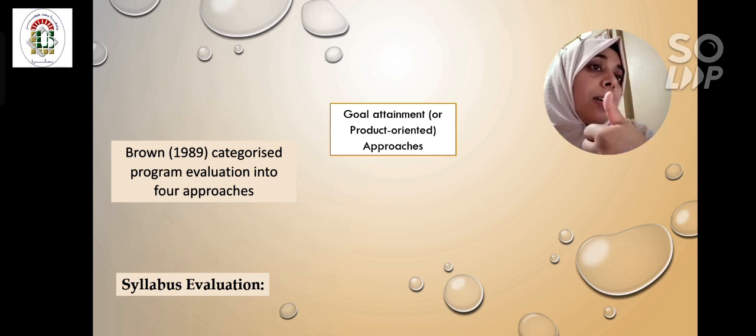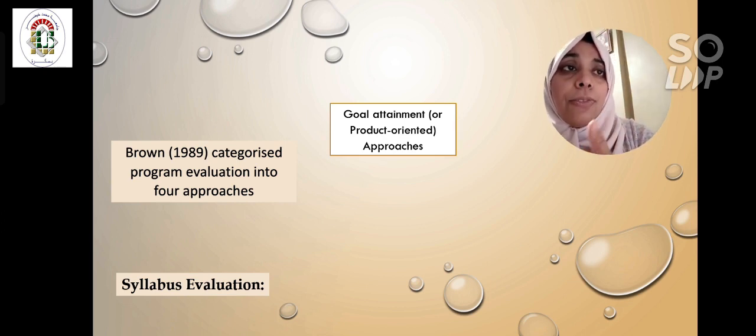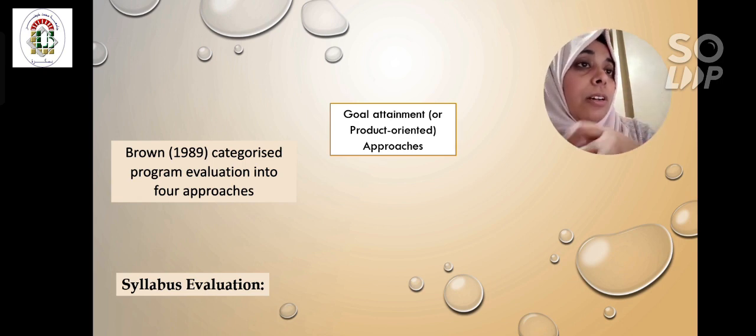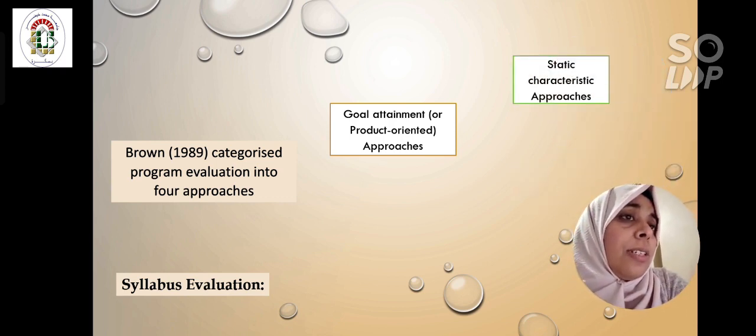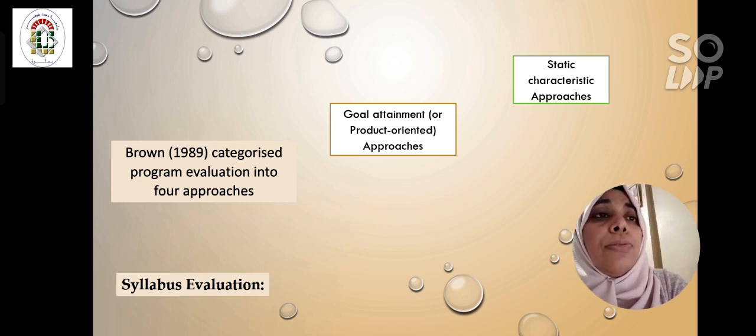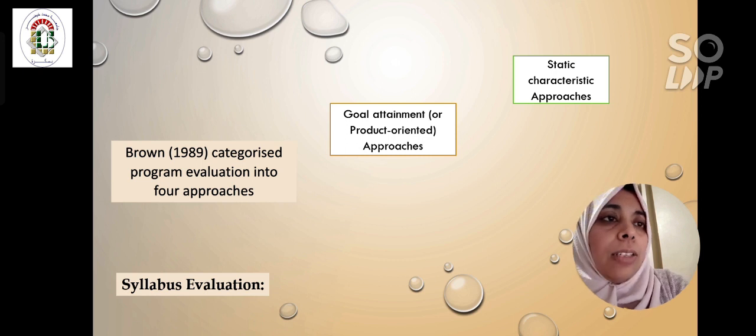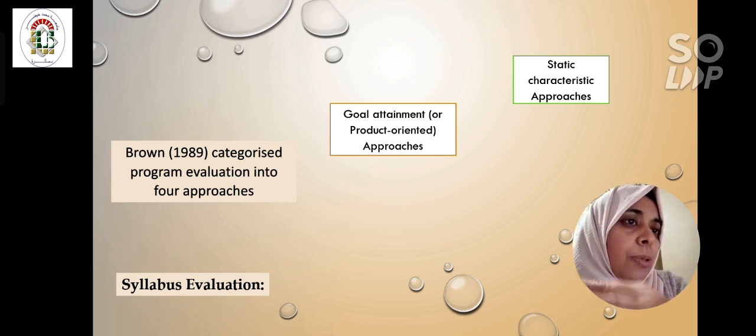What are our objectives, are they achieved, or did we arrive at the main goals of our selection of this type? Also, is it the static characteristic approach? So here it focuses much more on whether it is valid and reliable for all types of learners, or does it need modification?